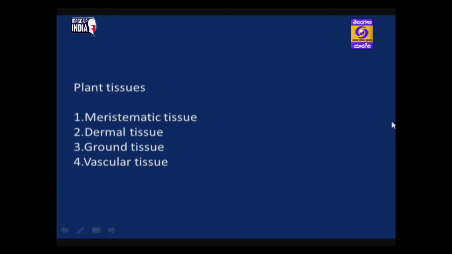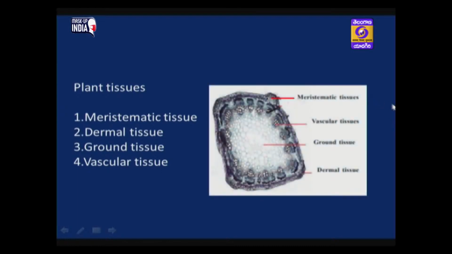Plant tissues are majorly of 4 types: meristematic tissue, dermal tissue, ground tissue and vascular tissue. Now children, see this picture of TS of dicot stem. Meristematic tissue is seen in the regions of growth.